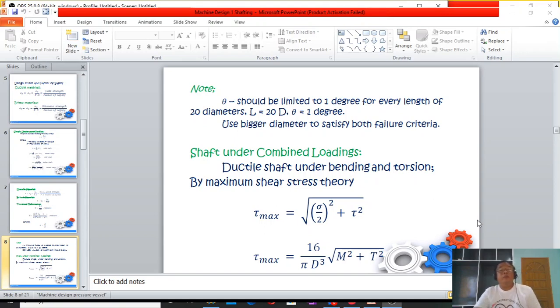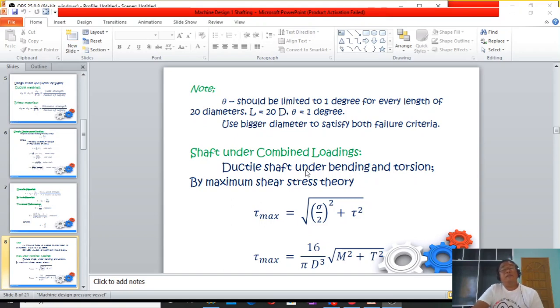In the maximum shear stress theory, the maximum shear of the shaft is defined in terms of the shearing stress and the flexural stress. The equation now is tau max equals the square root of (the flexural stress over 2) squared plus the shearing stress squared.